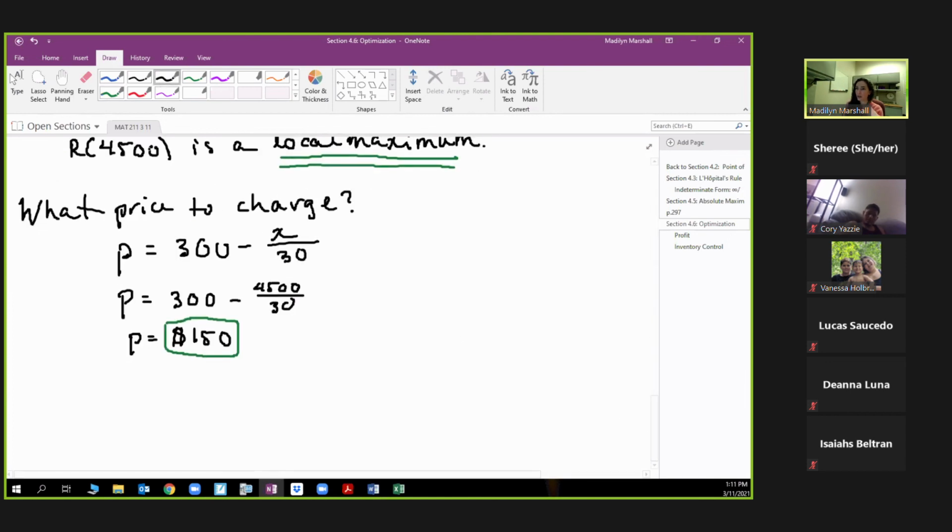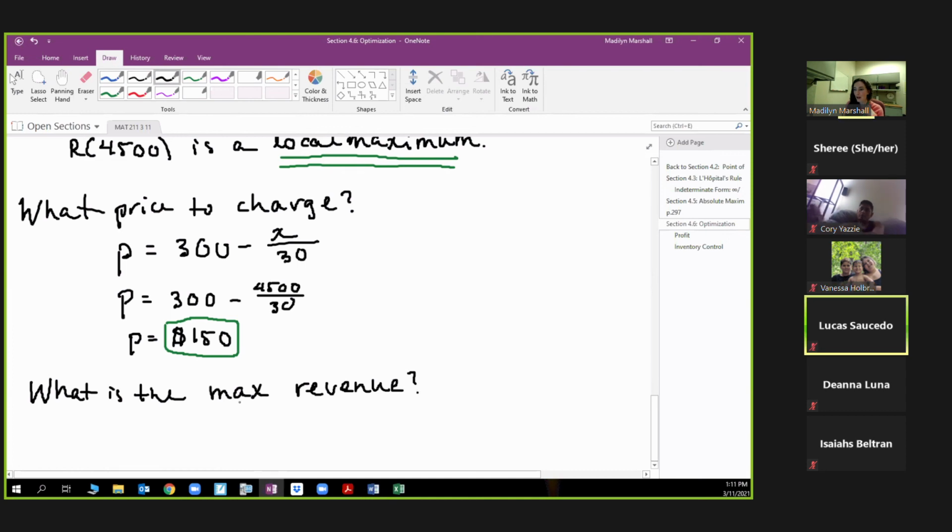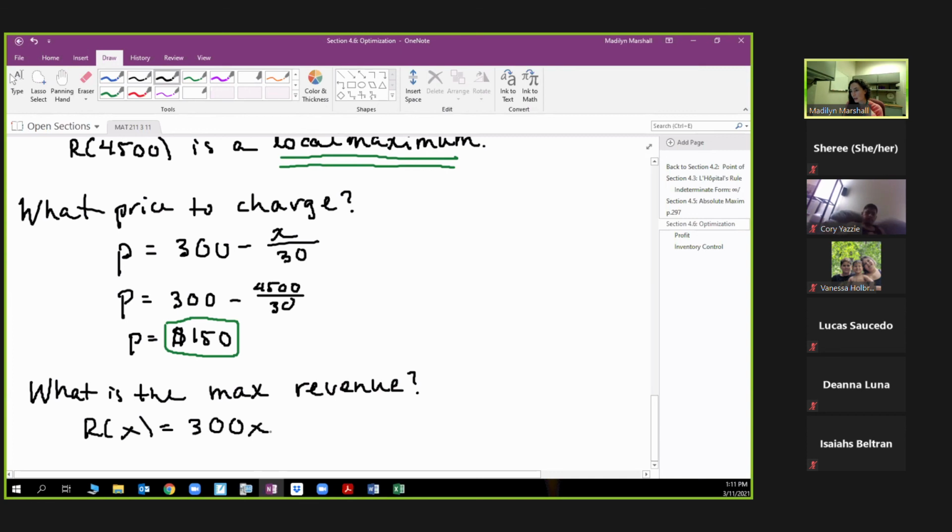The other question was, what is the maximum revenue? So how do we find that? Plug it into the revenue function. Our revenue function is a function of x. So plug 4,500 units into the revenue function. Yes, exactly.